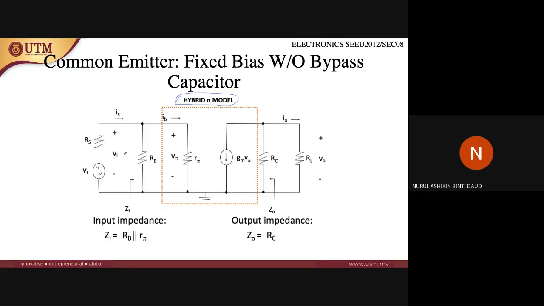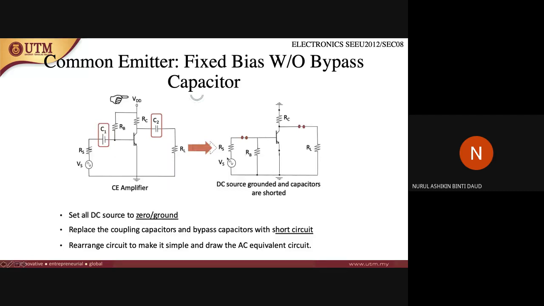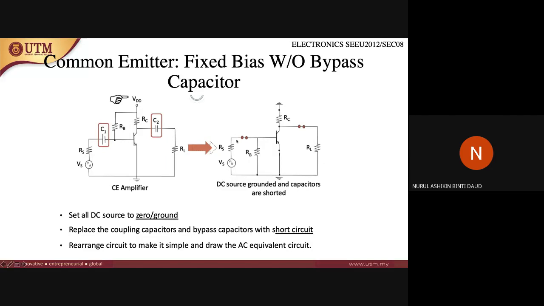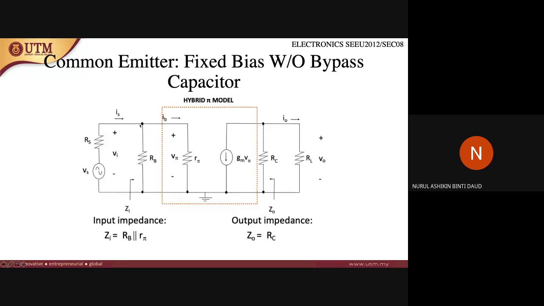If you look at this part, VS, RS, and RB, this is going to be the input part, right? This is the input to the base and the emitter. So this is the base, and this is the emitter part.